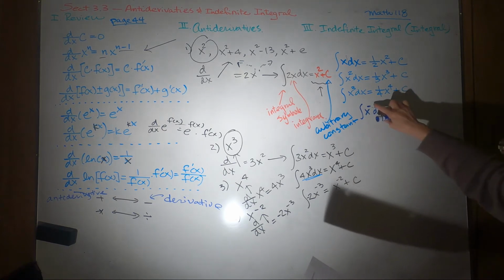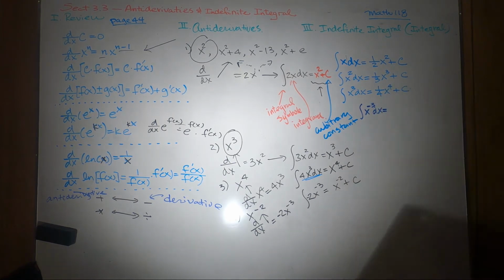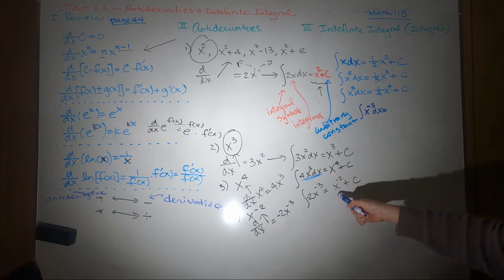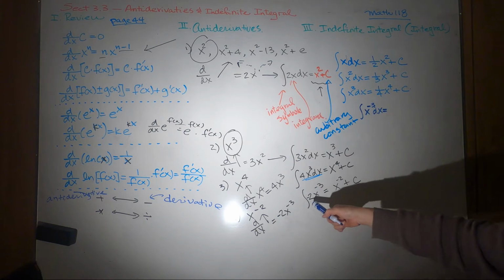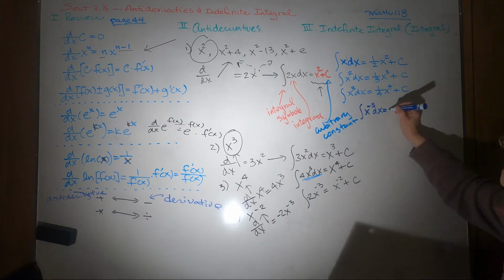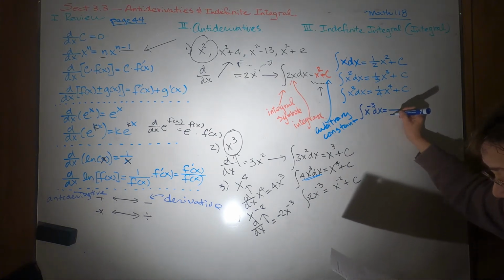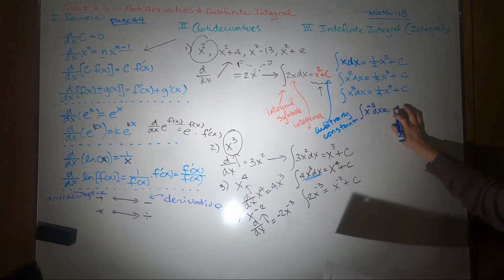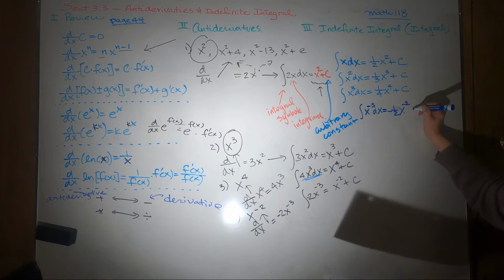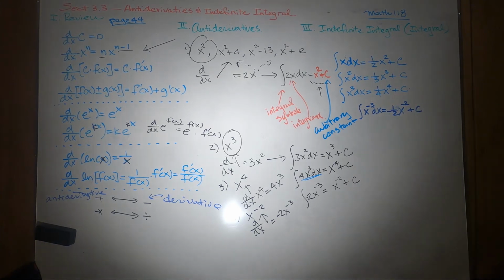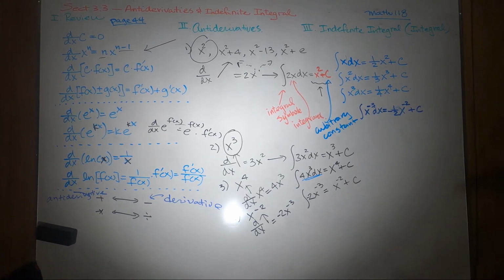So if I have a -3 here, I go back one level higher, it will be x to the -2. But I have to divide by -2. So I should write it this way, -half, one level higher, -2 plus c. Okay, I'm doing the negative powers.